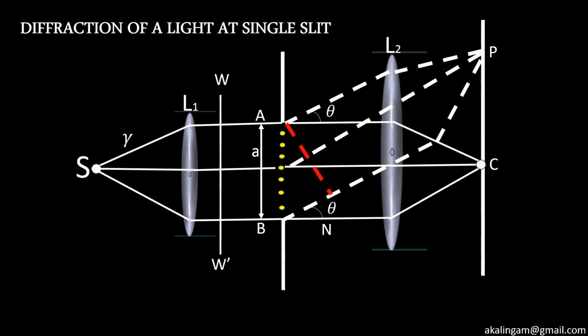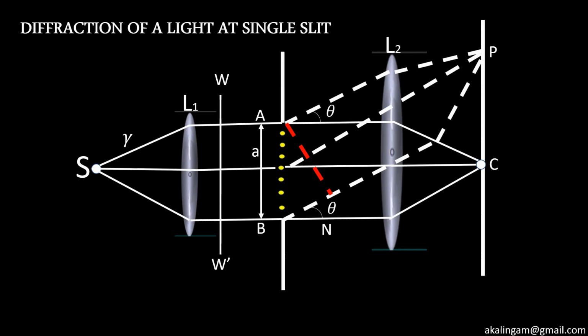Now you can see that the diffraction of light at a single slit forms the central maxima, secondary minima, and secondary maxima. The secondary minima and secondary maxima are subsidiary minima and maxima. The path difference, AB equal to Bn, is what we are going to find.